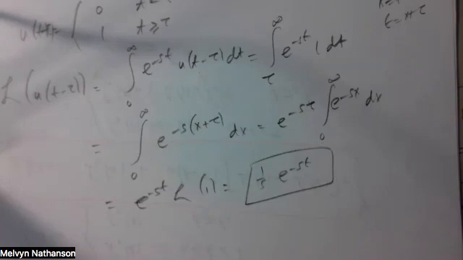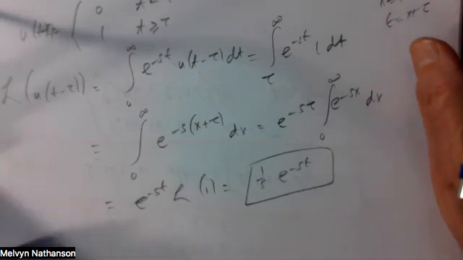So there's a general theorem. This is the main theorem in this section, Theorem 8.4.1, which says the following. Suppose we have a function g defined from 0 to infinity. Suppose we have a number tau greater than or equal to 0.